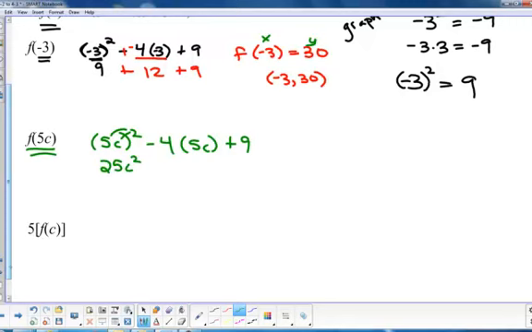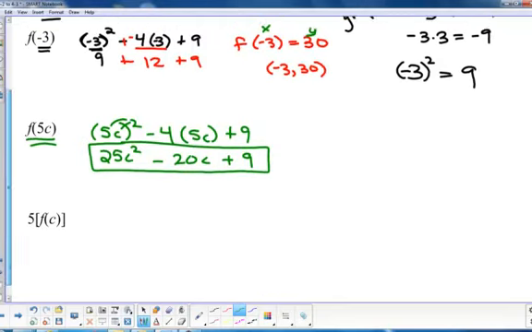So you get 25c squared. Minus 4 times 5c is 20c, and then plus 9. You can only add c squareds to c squareds, so nothing is like terms. So this is our final answer.